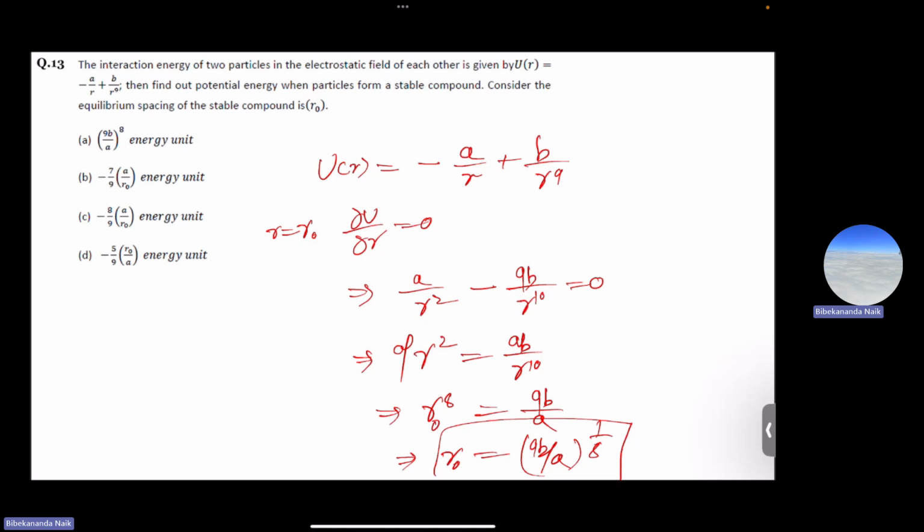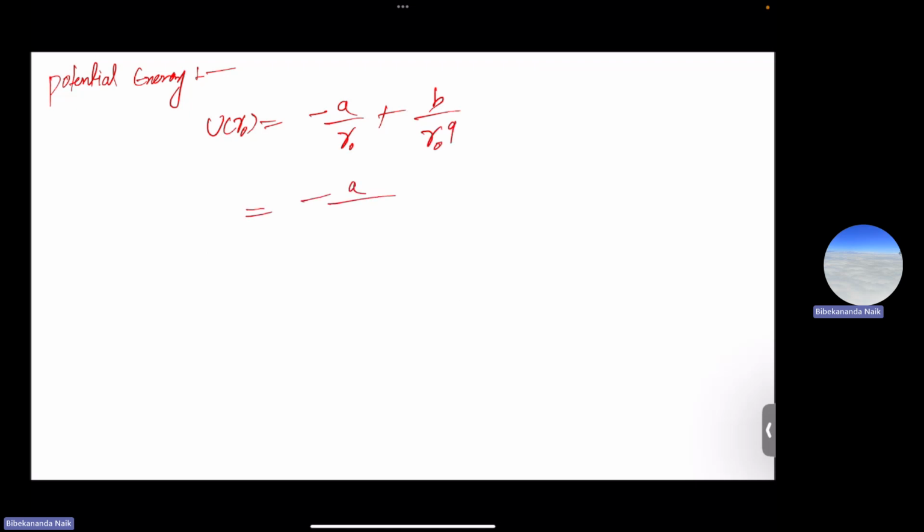Now calculating the potential energy at that distance, U at R0 equals minus A by R0 plus B by R0 to the power 9. So minus A by R0 is nothing but A divided by (9B by A) to the power 1 by 8, plus B by (9B by A) to the power 9 by 8.